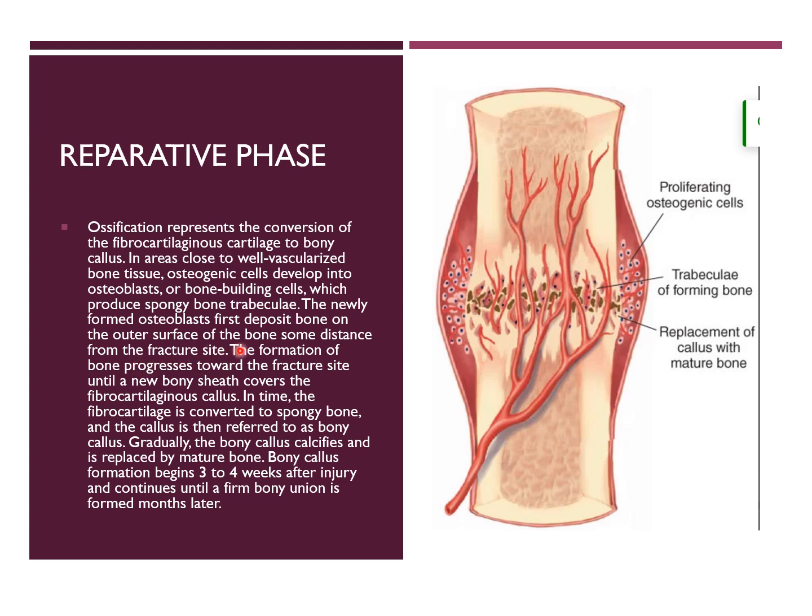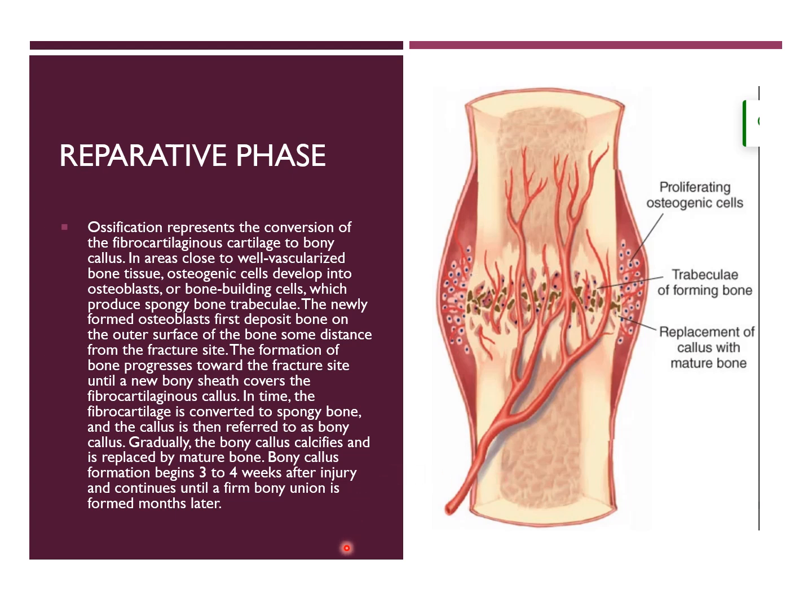Those newly formed osteoblasts deposit bone on the outer surface of the bone, a distance from the fracture site. And then the formation of bone progresses toward the fracture site itself until you have this new bony sheath that completely covers that fibrocartilaginous callus. Over time, that fibrocartilage is converted to spongy bone, and then the callus is called a bony callus.